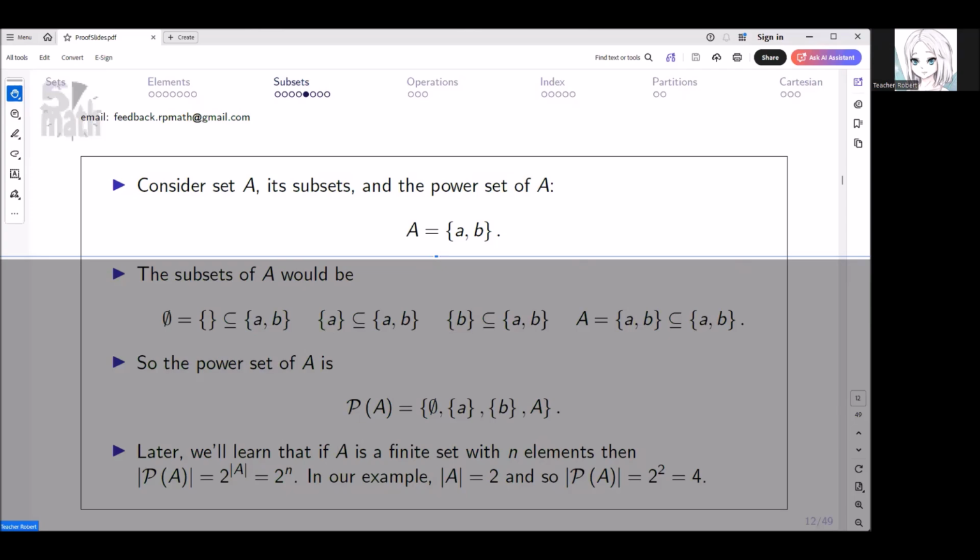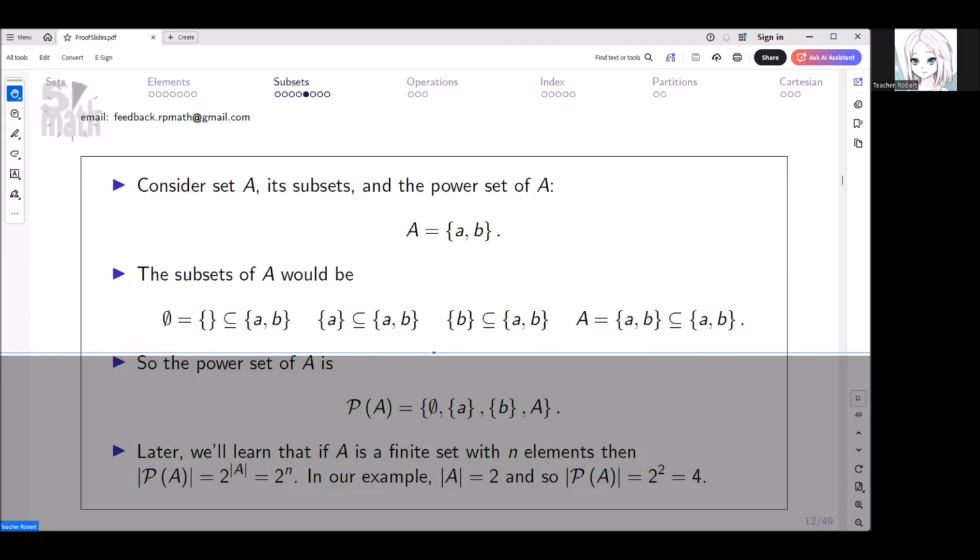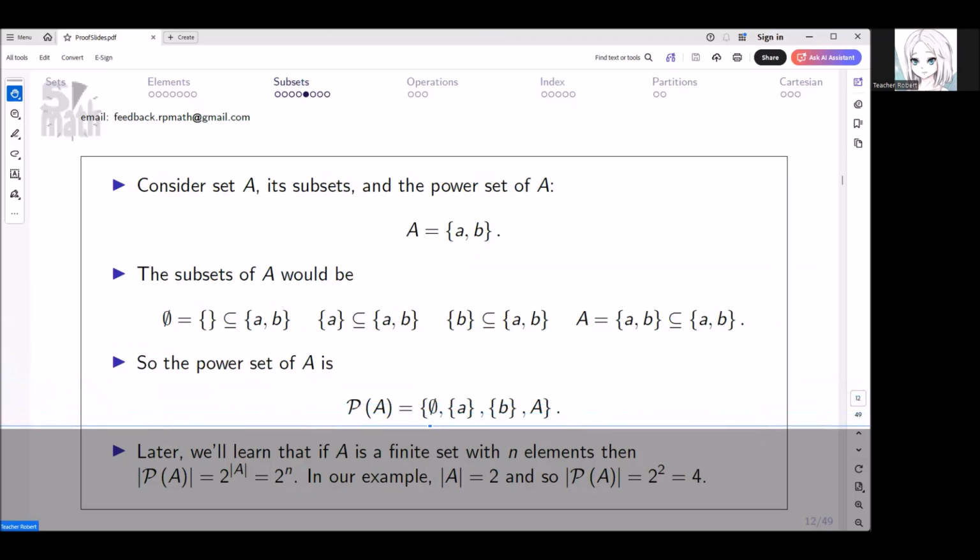Consider set A, its subsets, and the power set of A. Here, the subsets of A would be the following. So, the power set of A is the following.